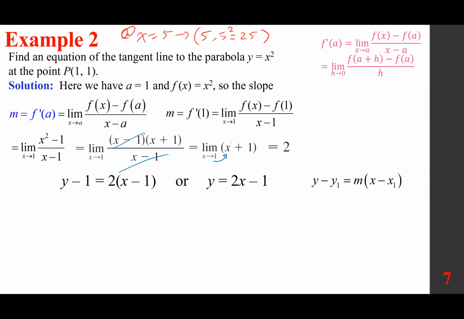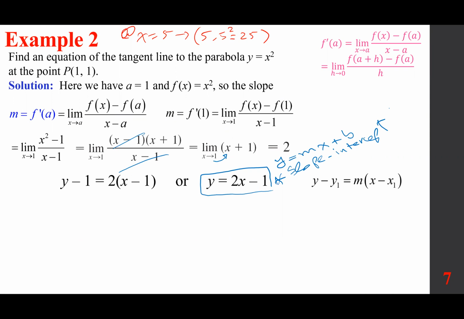And we put this in slope-intercept form. Slope-intercept form. Okay, everybody? Okay.